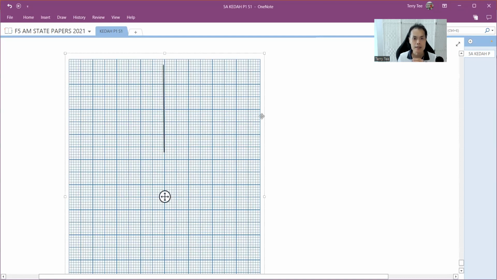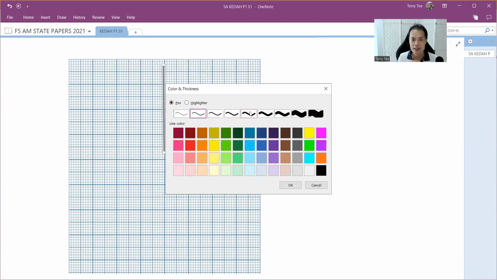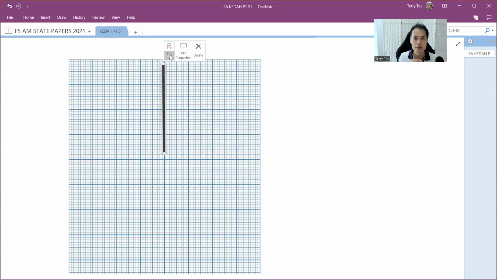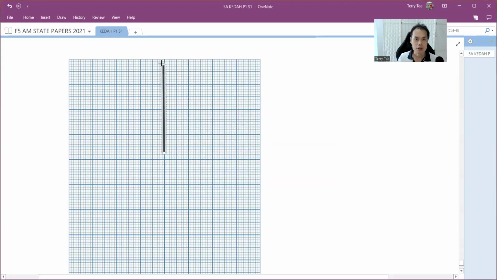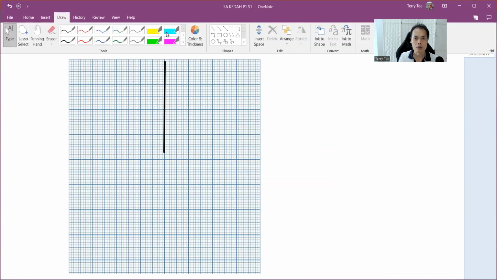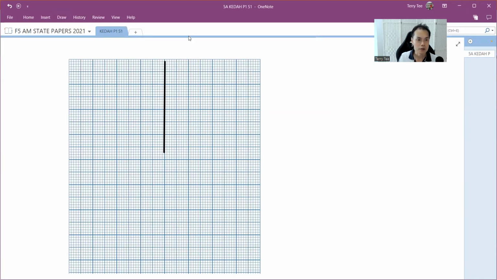Right, this is my y-axis. My line is not very straight. Let me make it a bit darker. It's too dark, so this will be slightly better, I hope. Okay, now let's draw the horizontal line, from here to here.